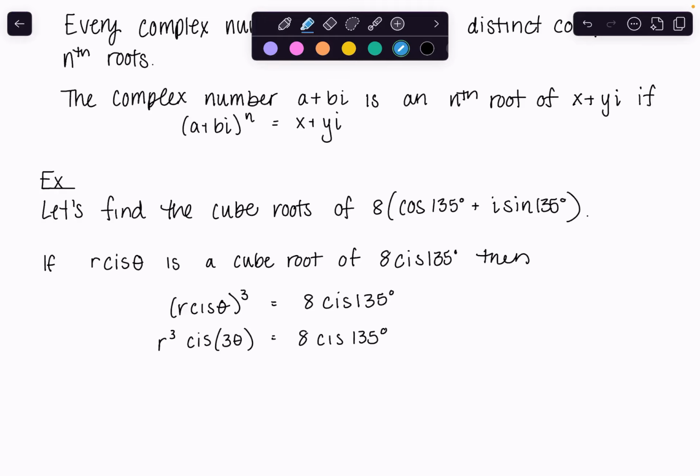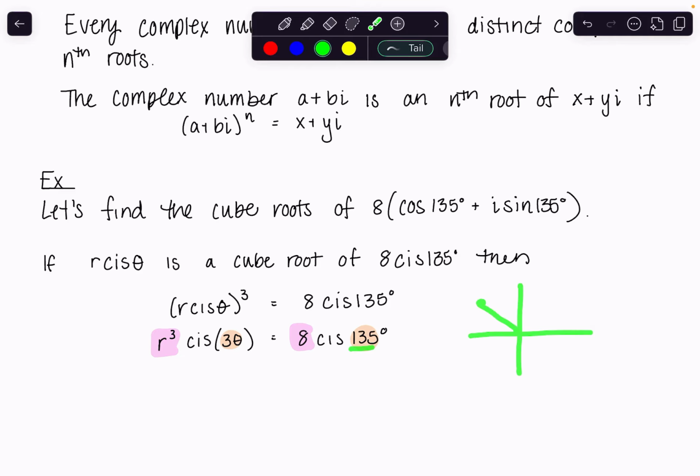So kind of matching these up, we're able to see some things. We've got r cubed better equal 8, so that's fantastic. And then we're gonna work with 3 theta equaling 135. But the problem with this, remember, is it doesn't necessarily just need to be 135. Because as long as I land in that same spot on the unit circle, I'm gonna get the same output for cosine and sine.